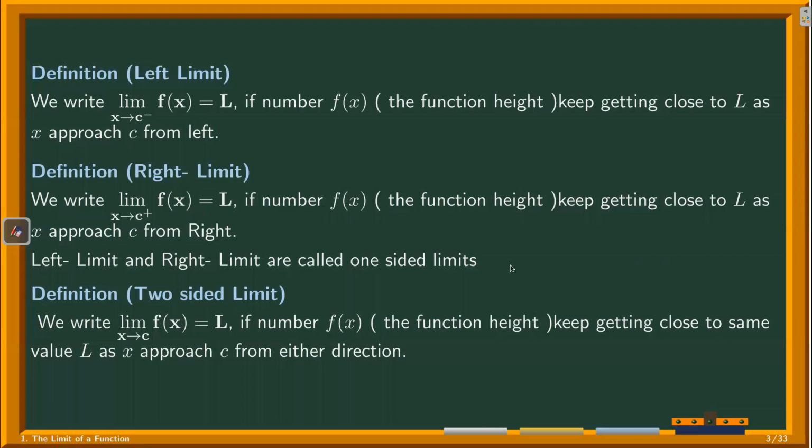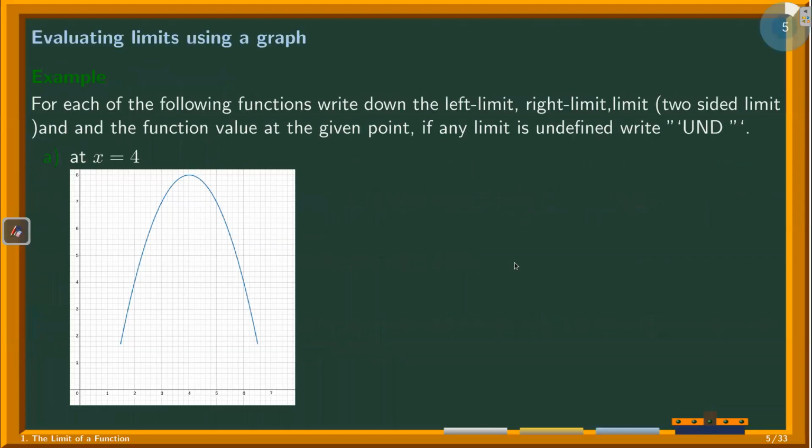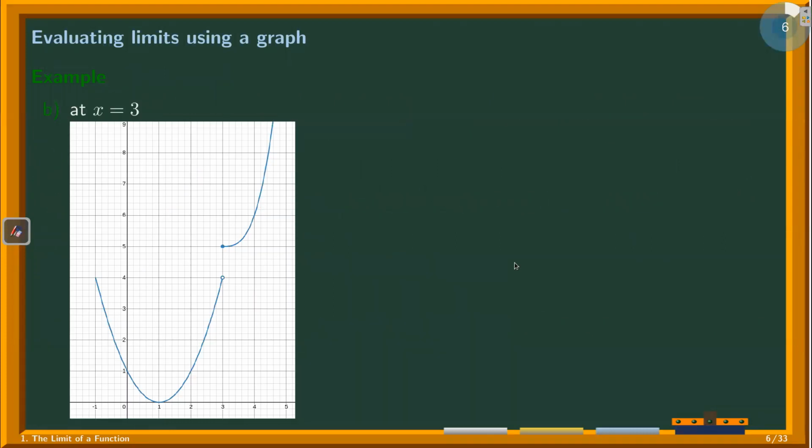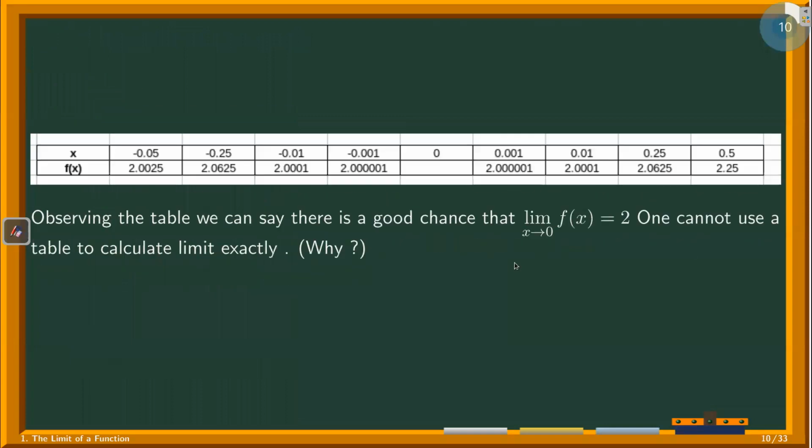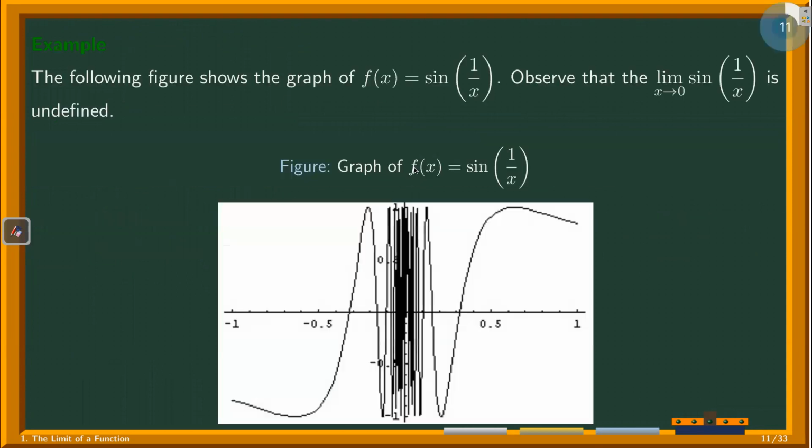and the two-sided limit, and then we learn about how to compute the limit by looking at a graph. Then we observe that a table is not a great tool when we discuss a limit. You can find some idea but not an exact value.